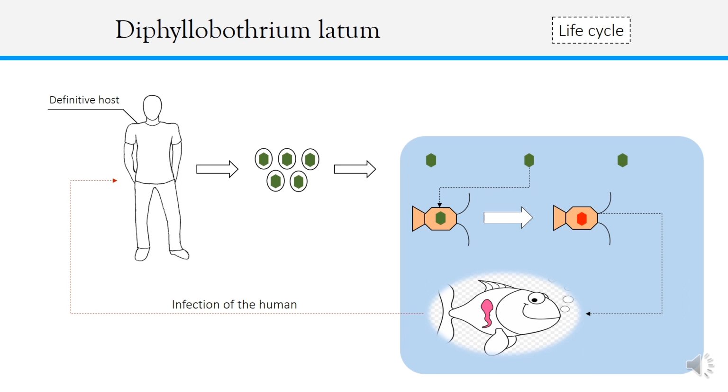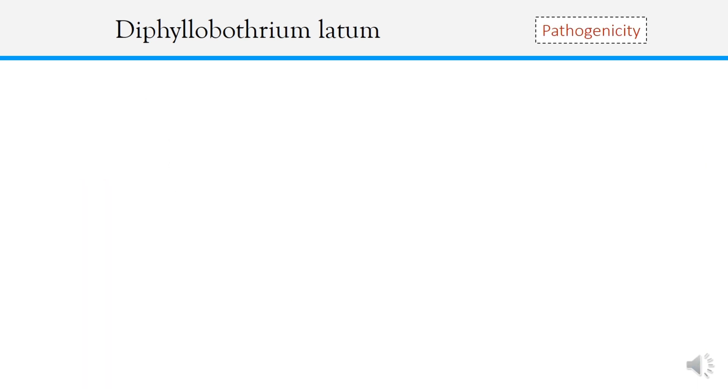When a human eats such fish carrying the fin of Diphyllobothrium latum, the human will be infected with the fin, and then inside the intestine of the human, the fin will be transformed into an adult worm. And the adult worm, Diphyllobothrium latum, may survive, if not treated properly, up to 20 years.